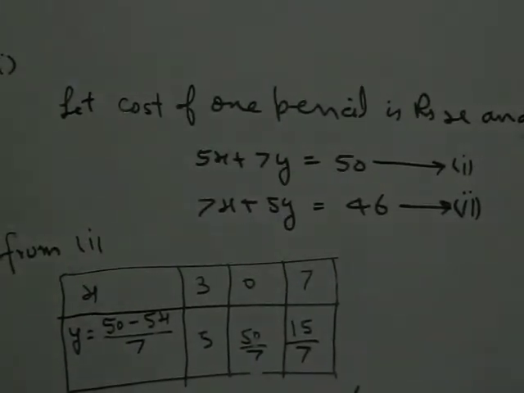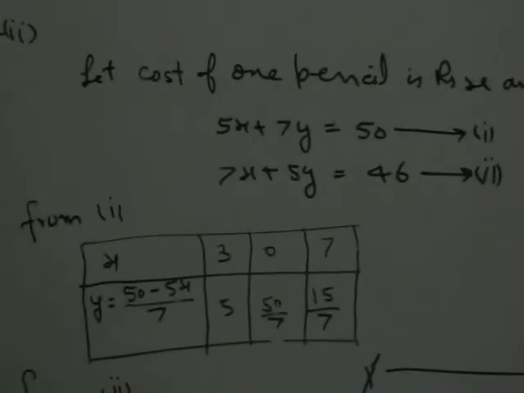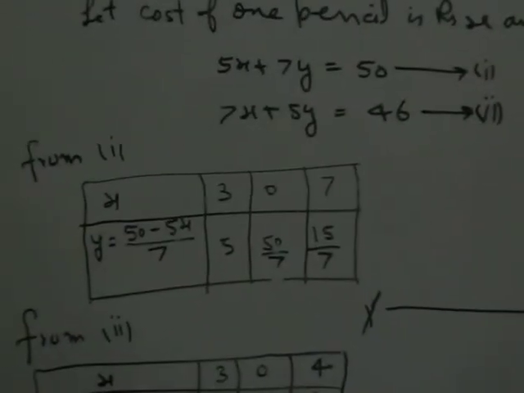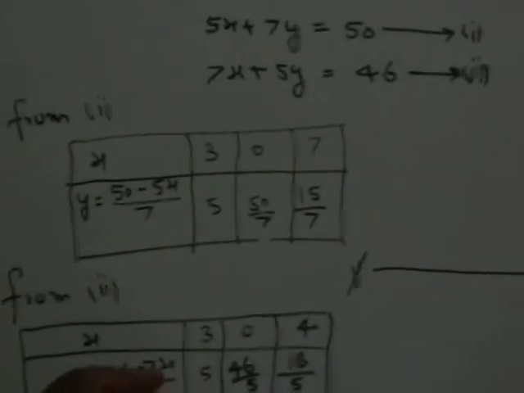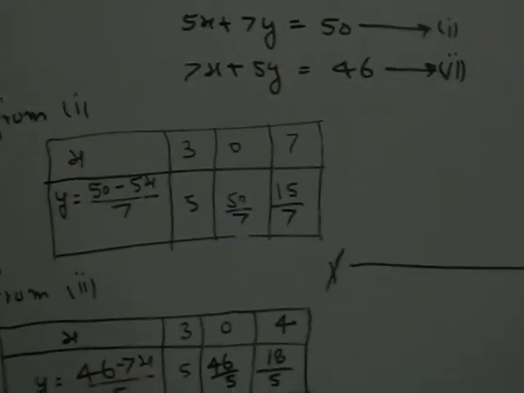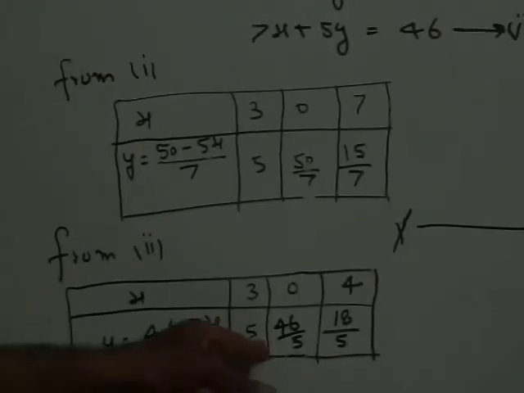Now for x = 3, y = (46 - 21)/5, so this will come to 5. y will be equal to 5.